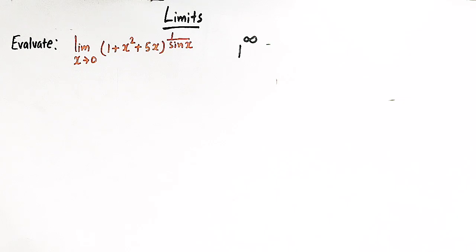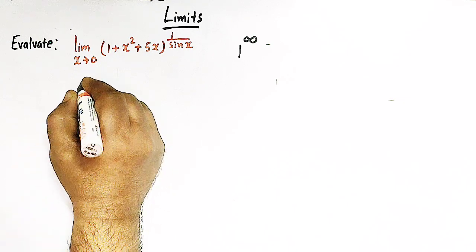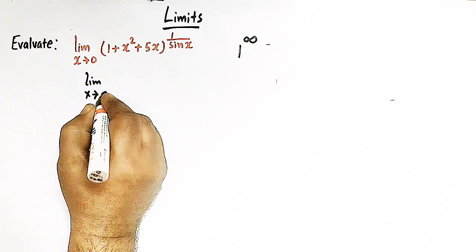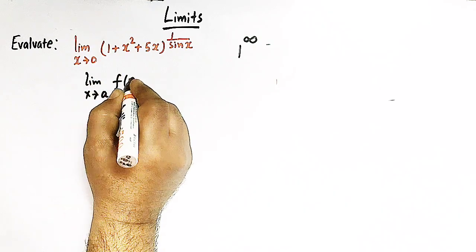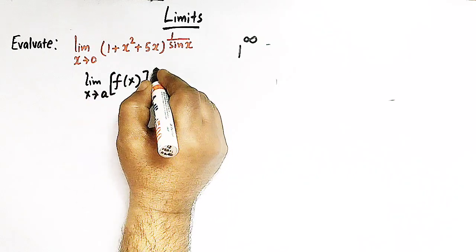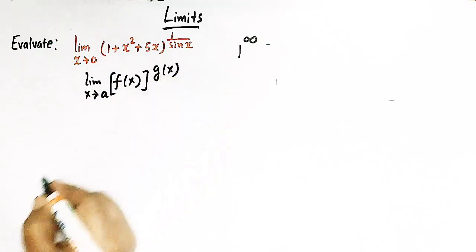So let us first see the general form here. Suppose we have a limit of this form, that is limit x tends to a of a function, say f of x raised to g of x, right?